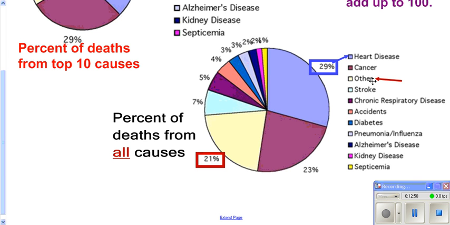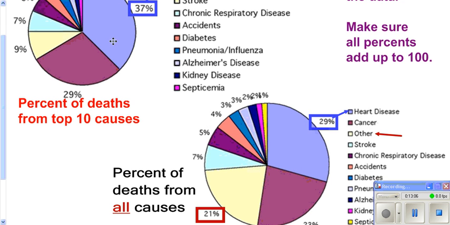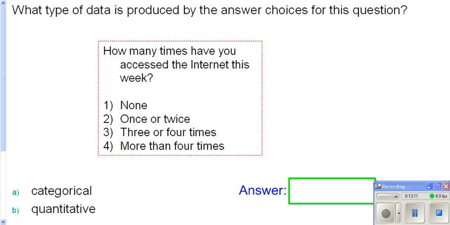And looking at that list of data we had on the other slide, that would be the far right-hand side where we're looking at all. So here, our heart disease is only 29% when you include the other category, where up here, our heart disease was 37% when you're dealing with only the top 10.